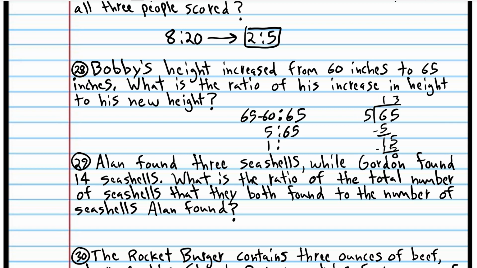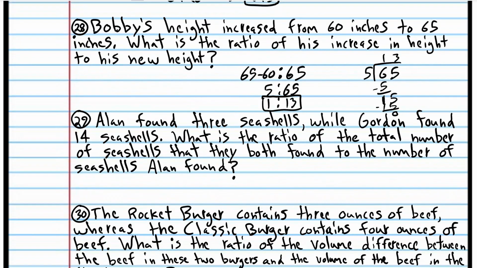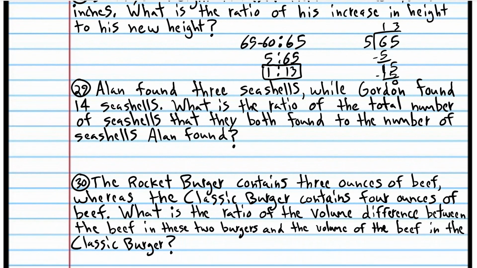And the third step is subtract to get 1, and then you start the whole cycle over again. So 65 divided by 5 is 13. So the answer is 1 to 13. Now you try number 29, and when you come back, we'll do it together.